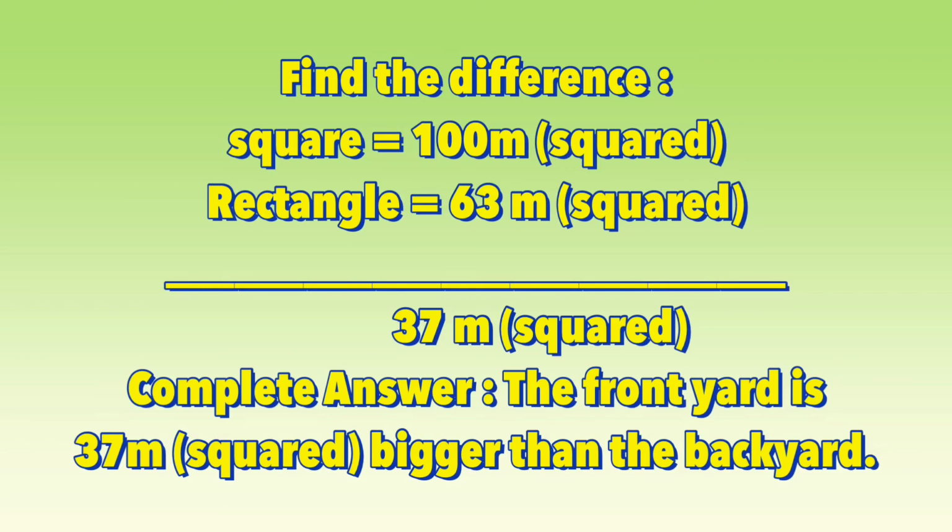The difference between the area of the square, 100 square meters, minus the rectangular area, 63 square meters, is 37 square meters. Therefore, our complete answer: the front yard is 37 square meters bigger than the backyard.